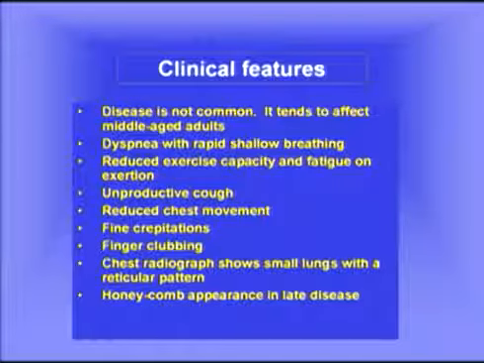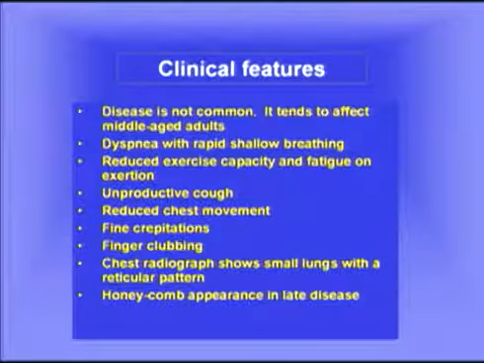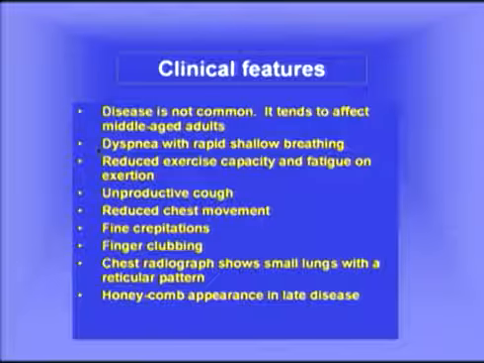It tends to affect middle-aged adults. It doesn't usually come on in the 60s or so, when you often see COPD, but in somewhat younger, middle-aged adults. And one of the first symptoms very often is shortness of breath.